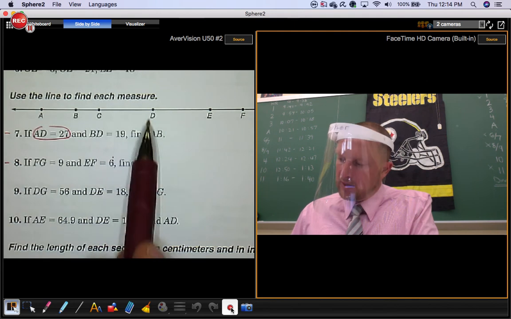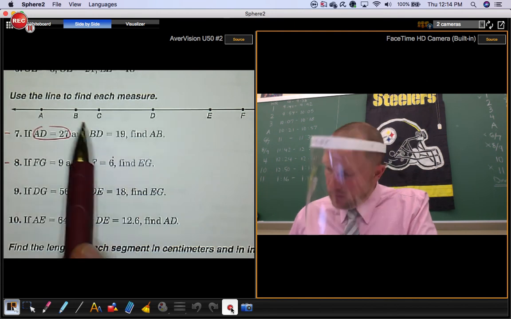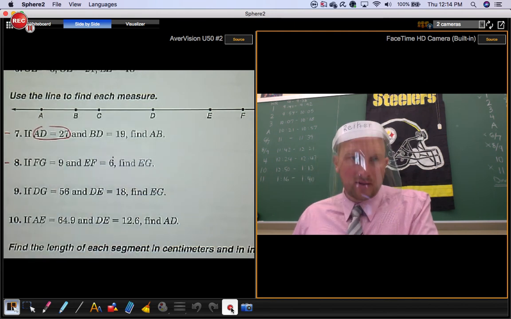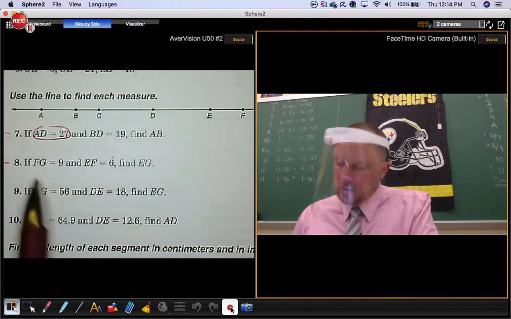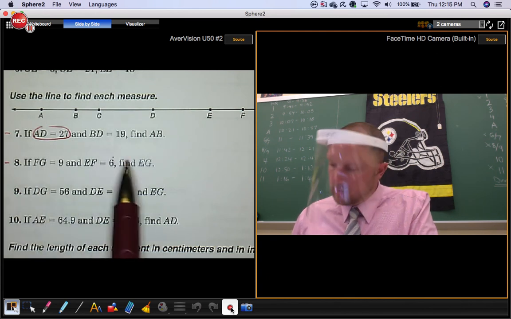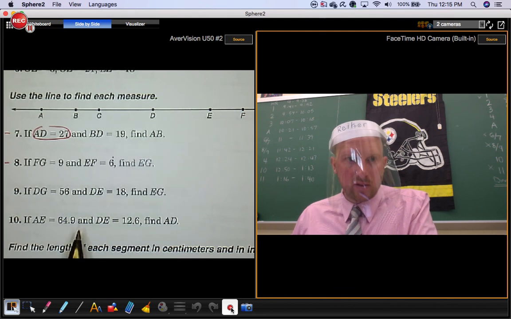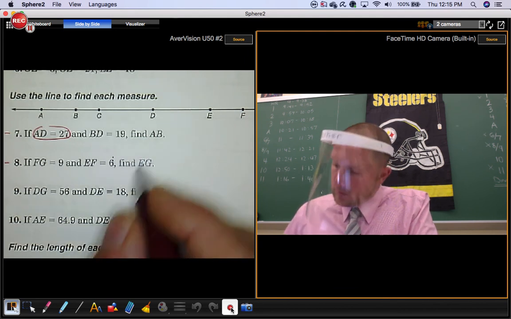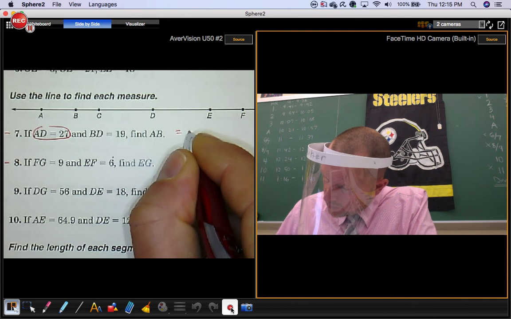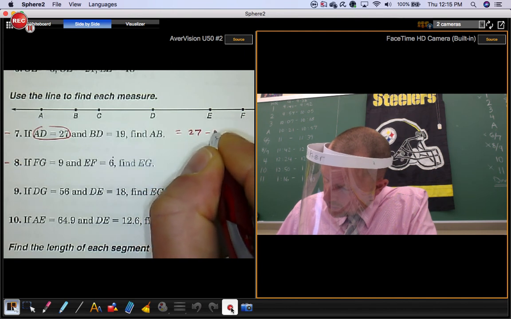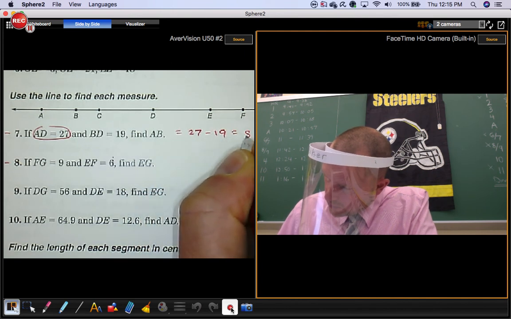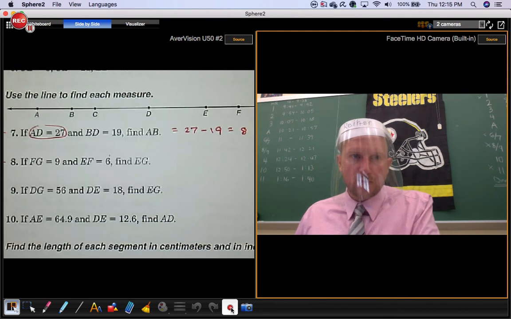I know segment AD is the biggest because B is in between A and D. If that's the biggest length and you have a small length, how do you find the other small length? Subtract.